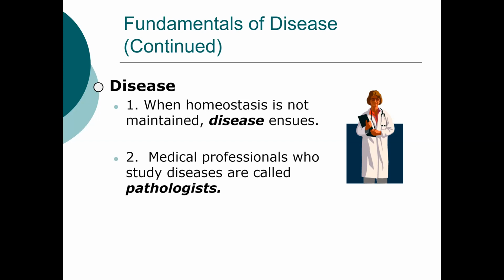Let me expand on this just a little bit more. So say you have a strange growth or a tumor or something in your body, and you go to the doctor, and they see it, and they do a biopsy of it. Well, when they do a biopsy of it, they're sending it to a lab so pathologists can look at it.